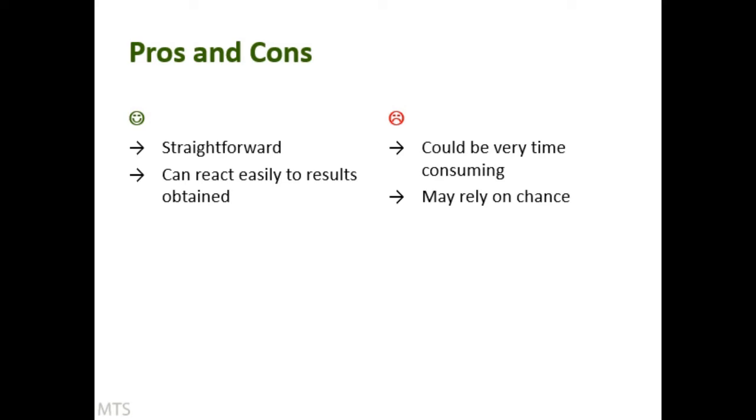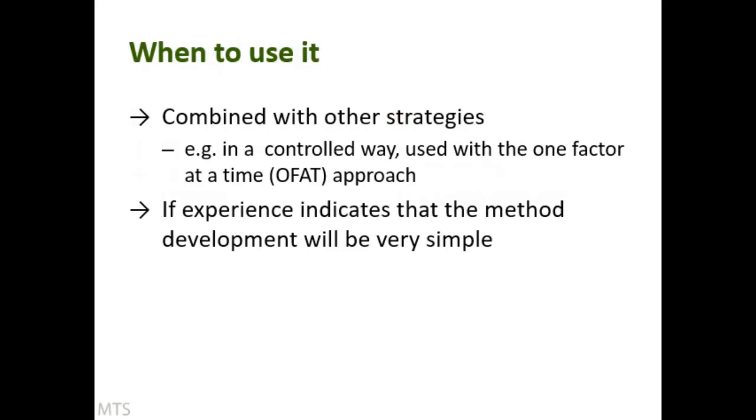So ultimately you're hoping for good luck in this situation. So I would say combine this approach with other strategies. So I'm going to look at one factor at a time, which in a way is trial and error. But if you do that in a very structured way, it has quite a lot of power as a way of developing methods.